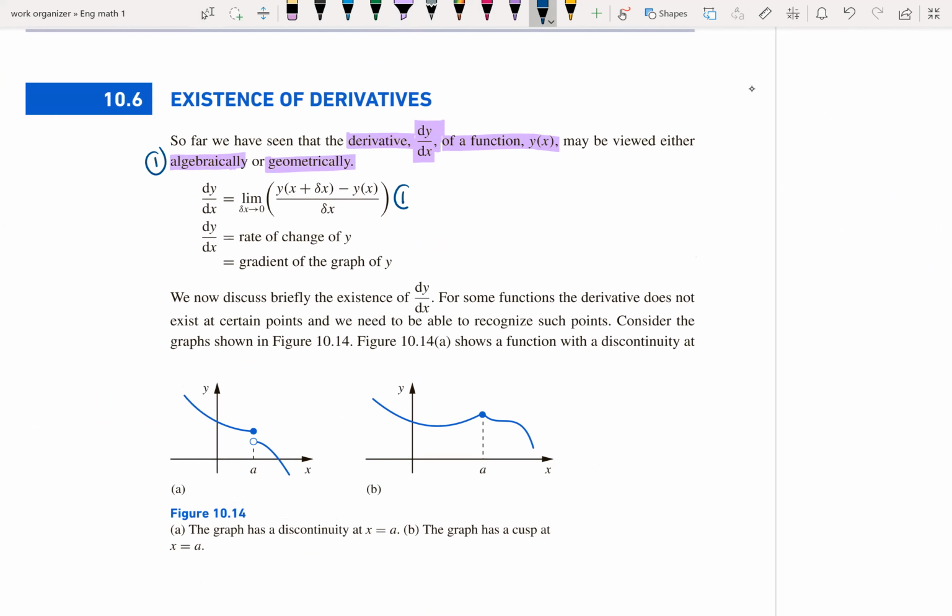The first one is algebraic, and the geometrical one is the gradient of the graph of y, which means you just draw it geometrically and find the gradient.